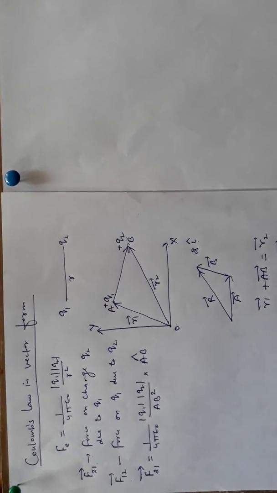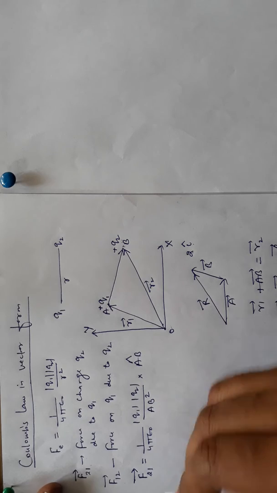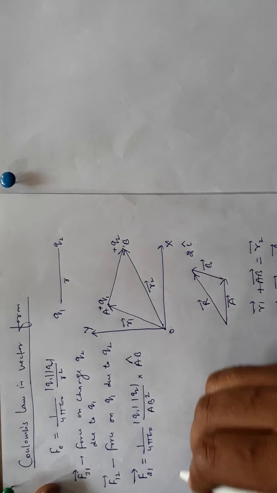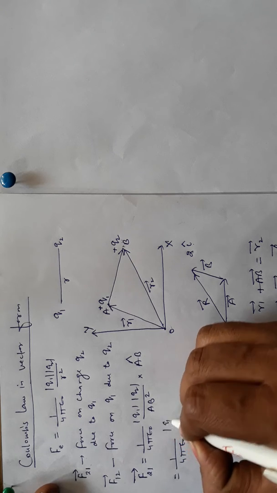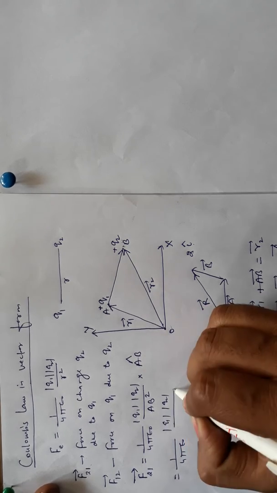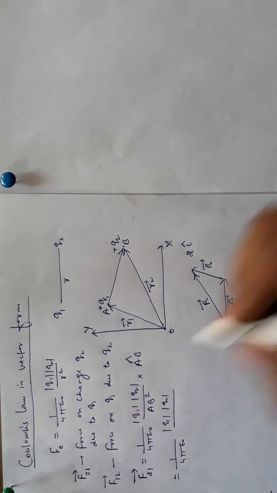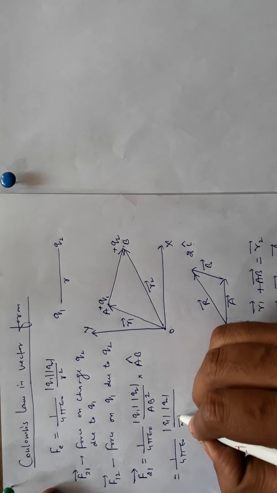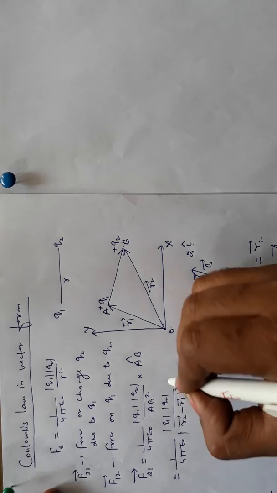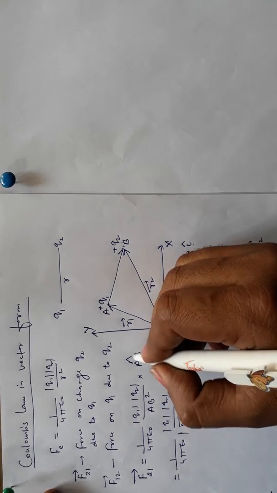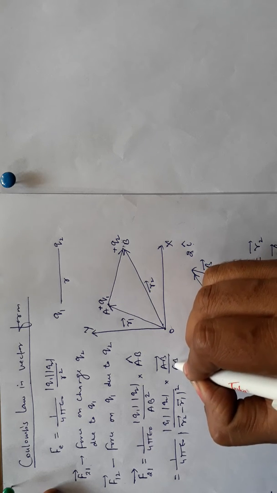Let us find vector AB. So you can write here 1 by 4 pi epsilon naught mod q1 mod q2 upon AB square. So AB becomes R2 minus R1 square. Okay, and this becomes AB unit vector, which means vector AB divided by its magnitude.